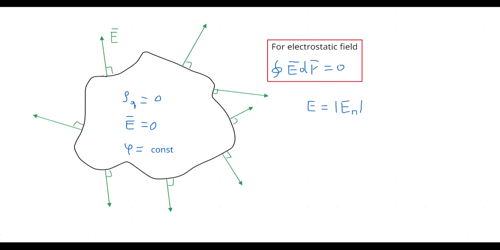Okay, and let's find the connection between the surface density of free charges on the surface of conductor and the electrostatic field intensity near this surface.